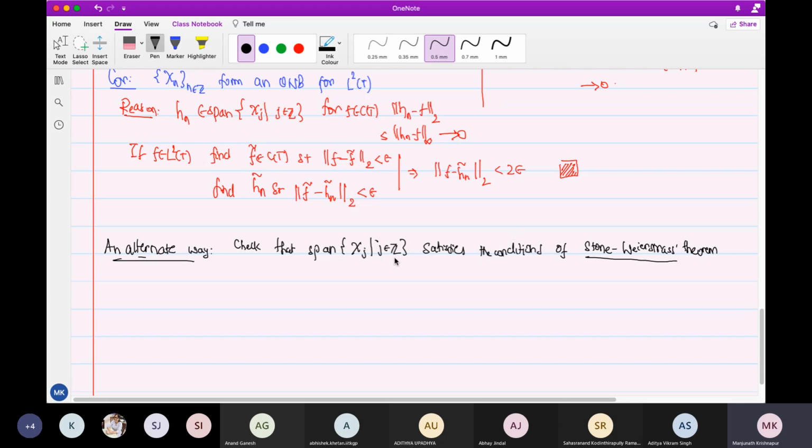So the Stone-Weierstrass theorem tells you that if you have a vector space of continuous functions on some compact metric space, let's say, which satisfies some conditions, so it has to be closed under multiplication and it has to separate points. So if you can check all that for this, you conclude that this span is dense in C of t, of course, with the sup norm.